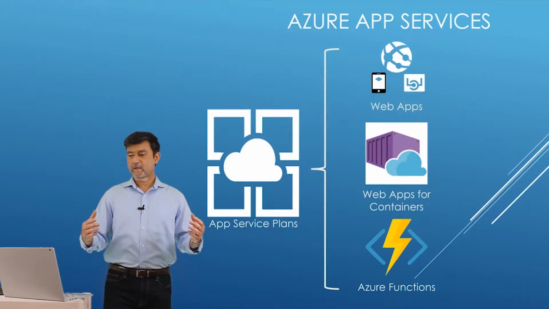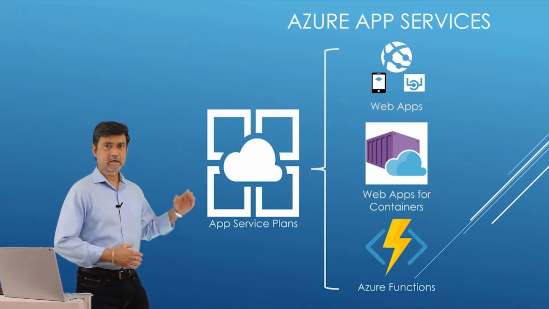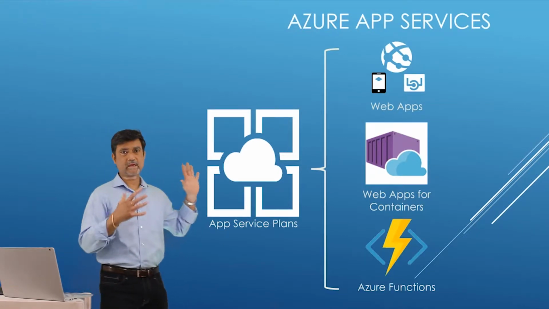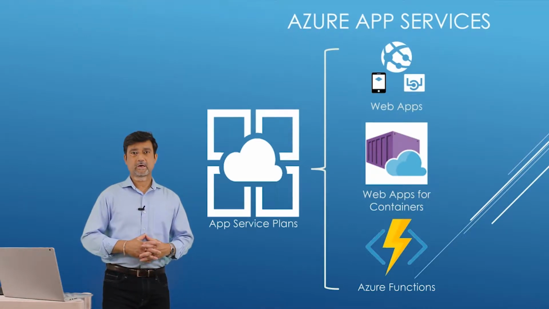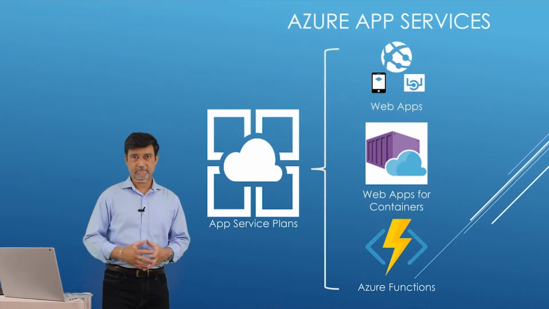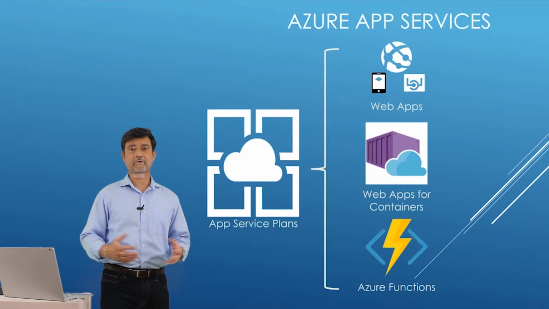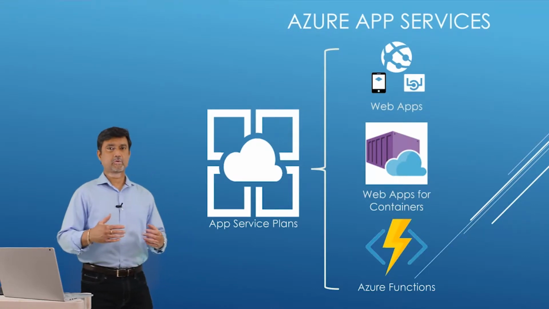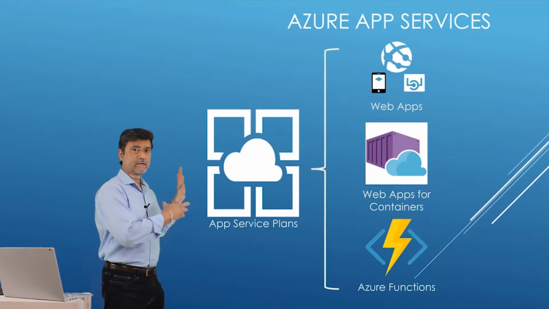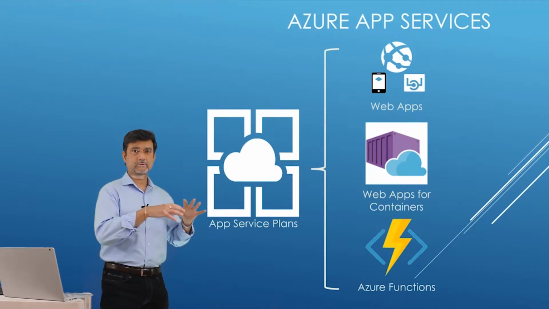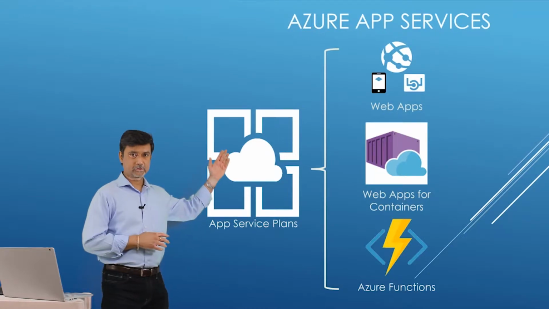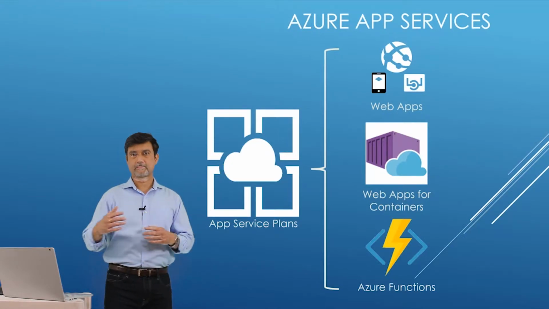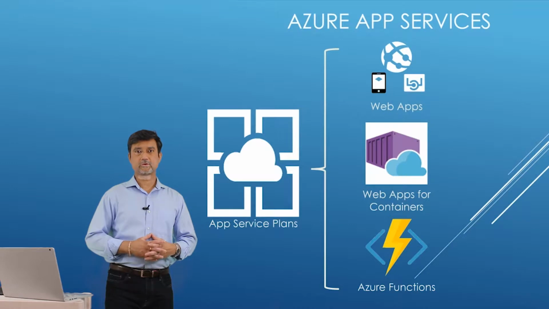So the app service plan is mainly a container. It's one of the PaaS, platform as a service offering from Microsoft. And what it does is it helps you integrate all the resources that your applications, web application, function, or containers are going to use.